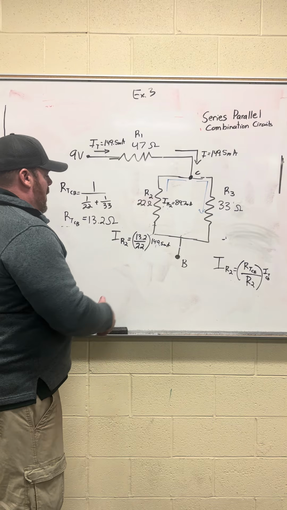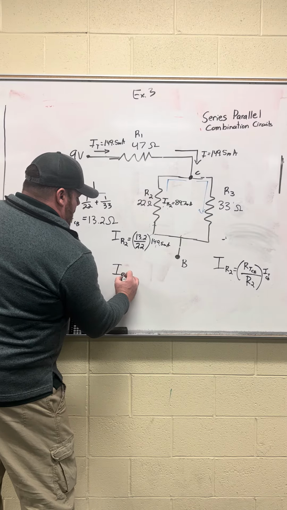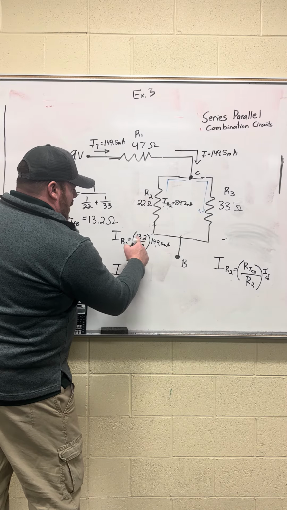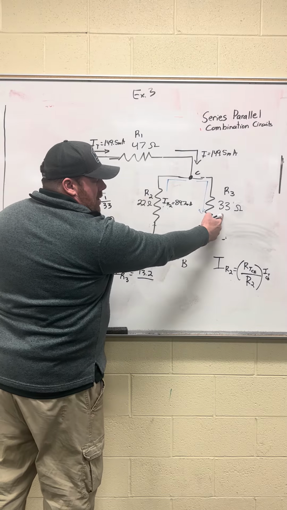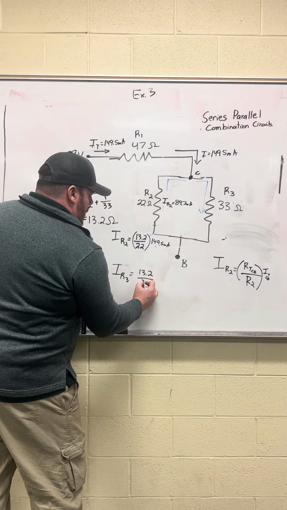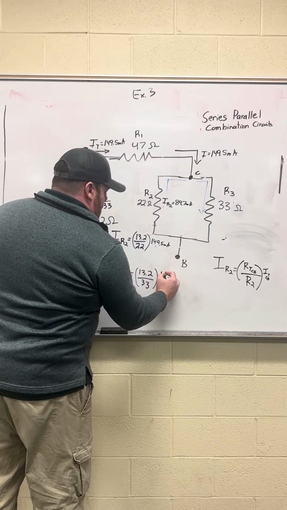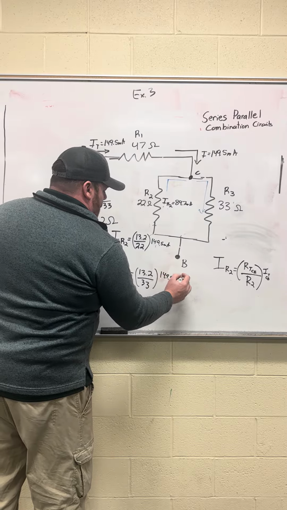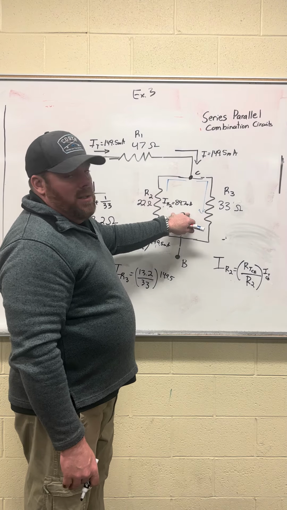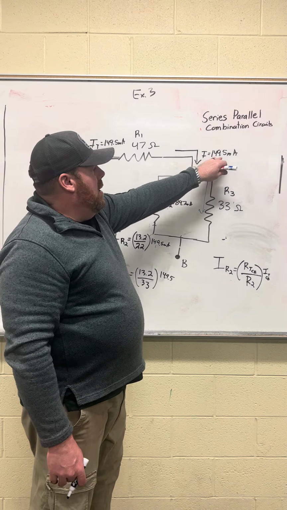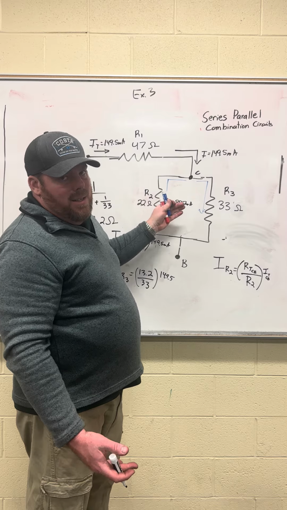Now, to get the current passing through R3, since there's only two of them, we have a couple options here. We could replug the numbers in. So current passing through resistor 3 would be the total resistance again, which was 13.2, divided by the resistance value of R3, and then multiplied by the current coming in, which was 149.5. Or you could have just said that the total current passing through these two resistors has to be equal to that amount, so you could just do 149.5 minus 89.7.